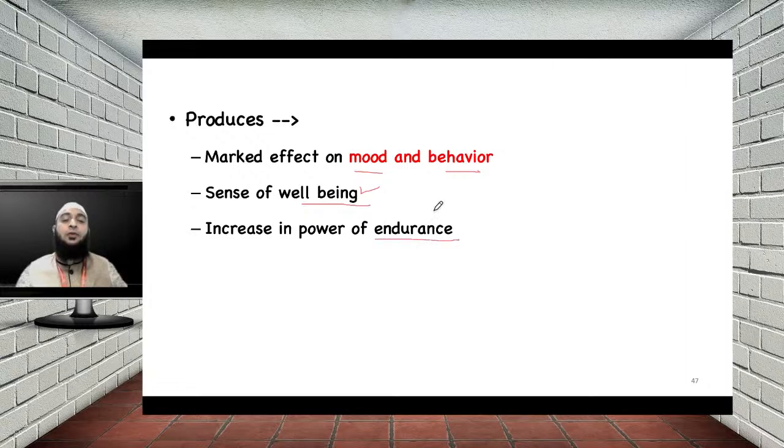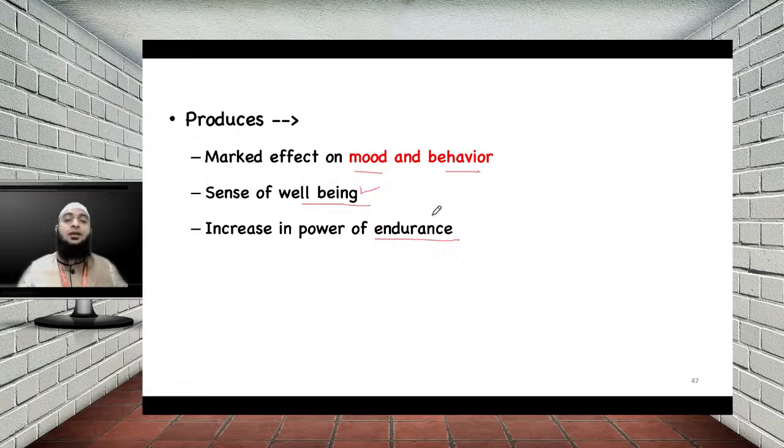The third important thing is that it increases the power of endurance. Power of endurance is especially needed in the case of soldiers or athletes. It is common that soldiers working in the war field for more than 12 hours, if they are not able to take rest, in those cases cocaine can legally be given to those soldiers so that their endurance can be increased. But it can be misused by athletes to increase their power of running and other athletic work.